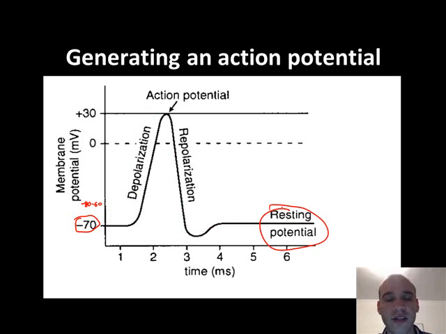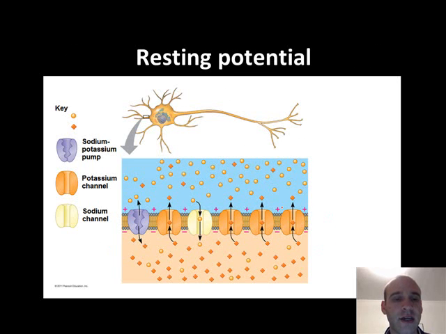We'll focus on what the cell looks like normally when it's at rest, when no signal is being sent. This is resting potential. Here is the outside and this is the inside of that neuron. Outside, you can very clearly see that there is a lot of sodium.